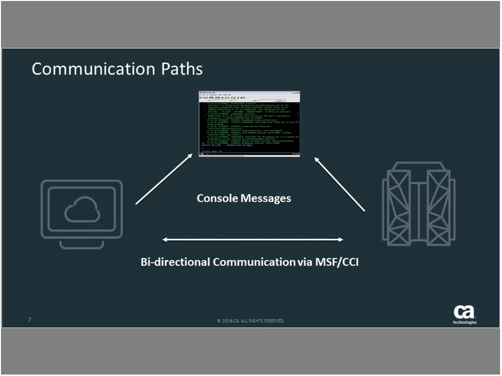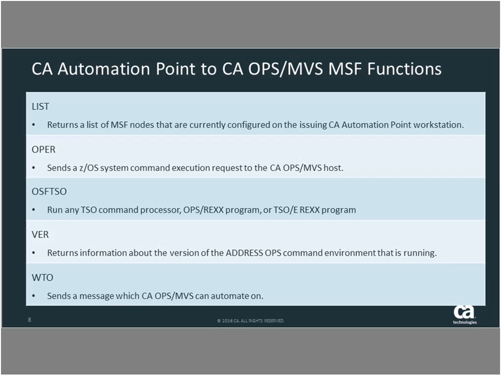If you go into your Ops MSF list, you're going to see an AP system set up in there. It has a special type called AP, so that Ops knows it is an AP link. That allows for two-way communication between the products through this MSF link. On the next slides, I will show you what you can do through the MSF links.